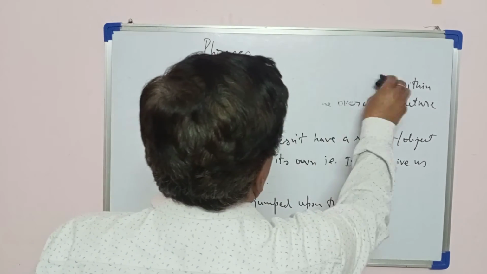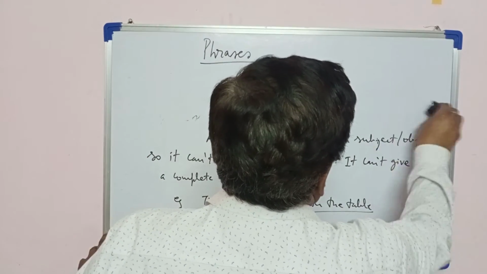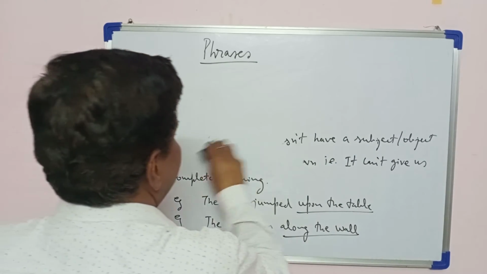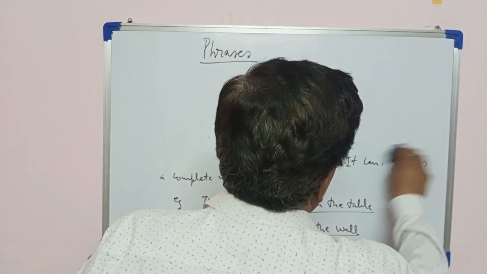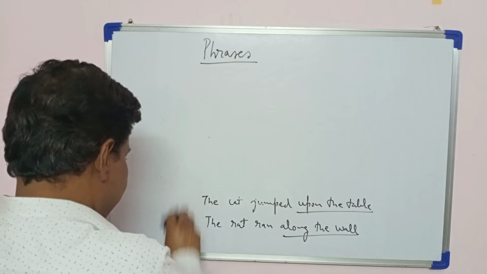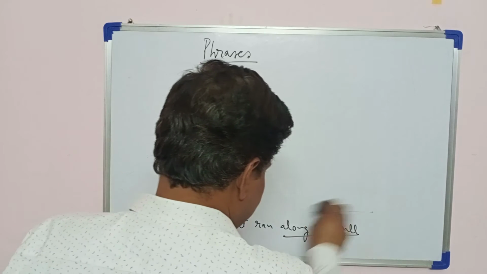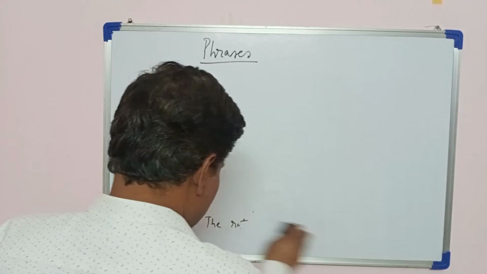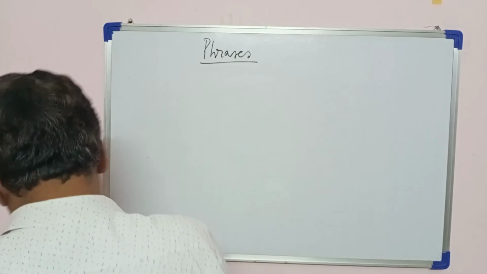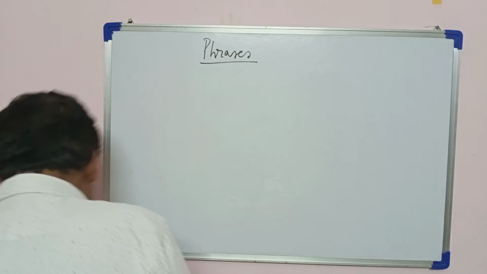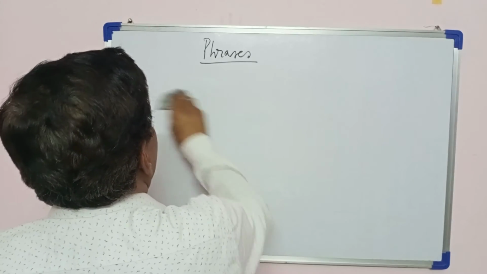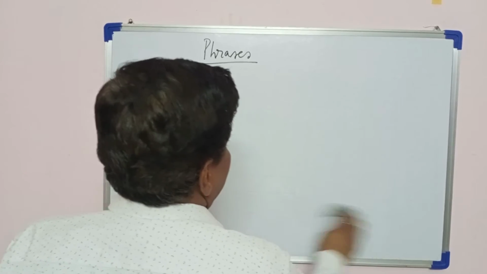There are 9 kinds of phrases which we need to understand. The most popular ones that most of you are aware of are noun phrase, adjective phrase, adverb phrase.